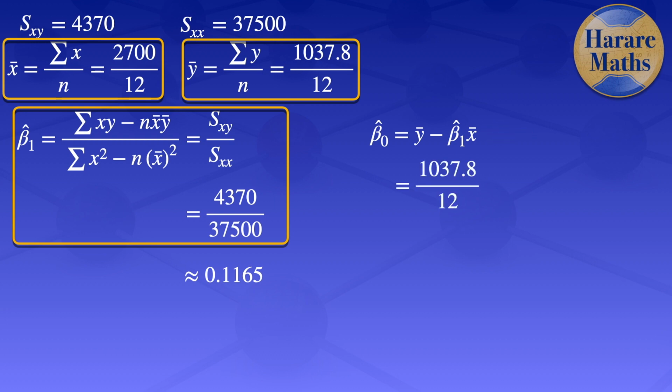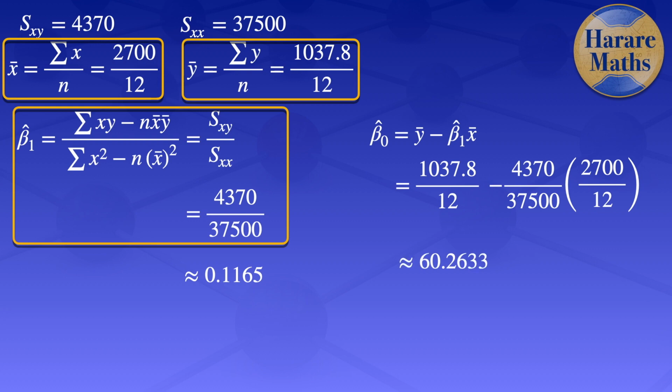Substituting that into the formula for beta naught hat, it will give us 1037.8 divided by 12 minus 4,370 divided by 37,500 multiplied by the x bar, which is 2,700 divided by 12. When you simplify, that gives us 60.2633.